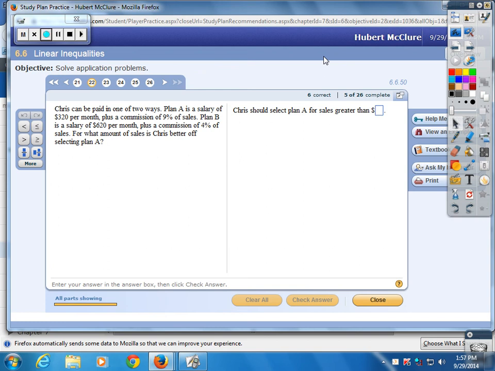He doesn't care about breaking even. He wants to know when Plan A will be better. He doesn't want to know better than or equal to. He wants to know better. So figure out a formula, or equation, for Plan A and Plan B, and then set Plan A greater than Plan B.